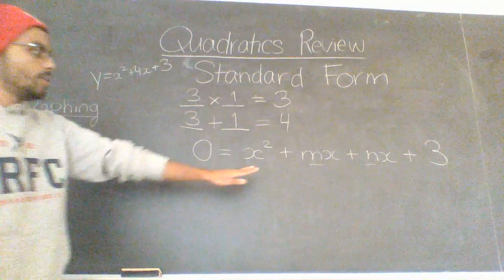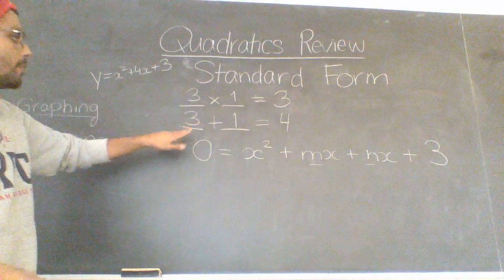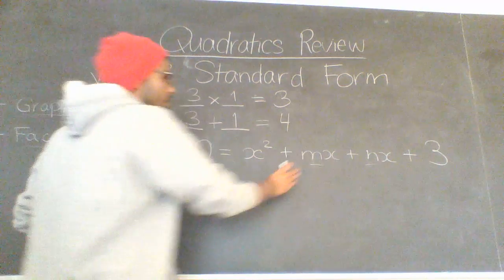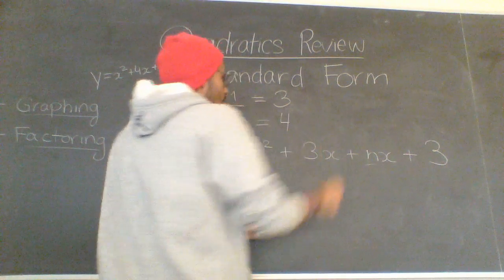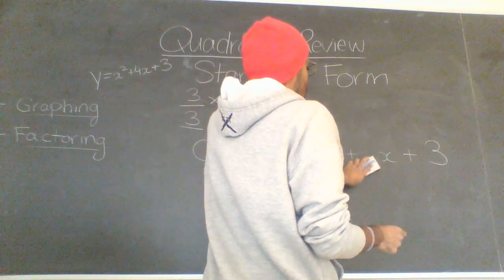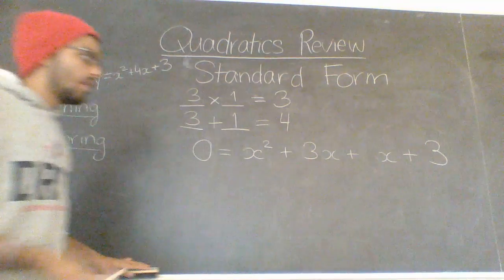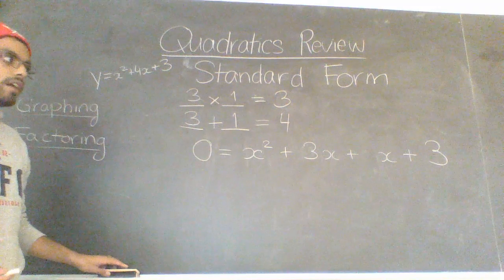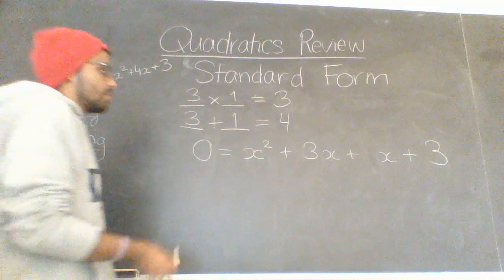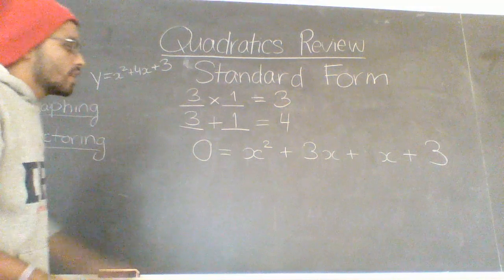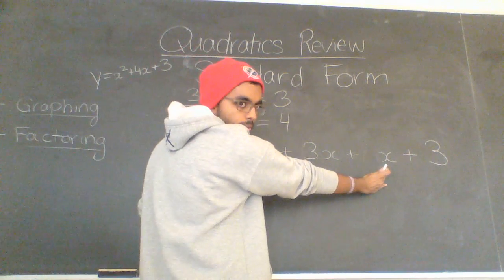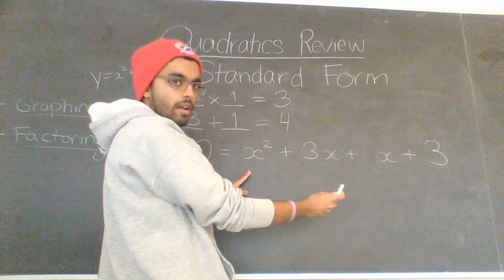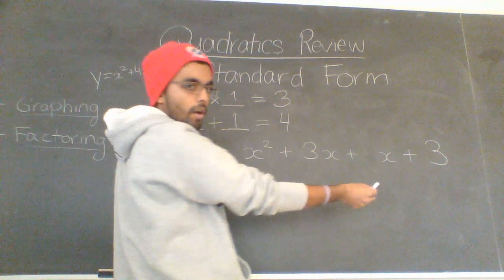All right, so our b term used to be 4. Our m and n values are 3 and 1, so we just plug those in. So instead of m, we'll write a 3. Instead of n, I could write a 1, or I can just leave it. I don't have to write a 1 if I'm multiplying by 1, because it doesn't change anything. Now, if you look at this x and that x, they don't have any numbers in front of them except for 1, and they're so far apart from each other.